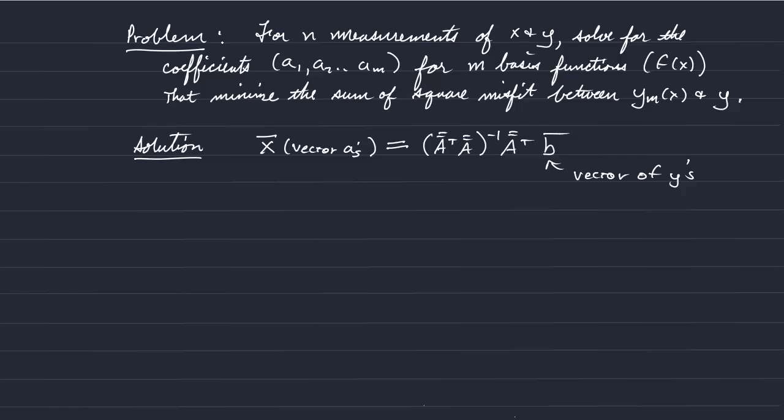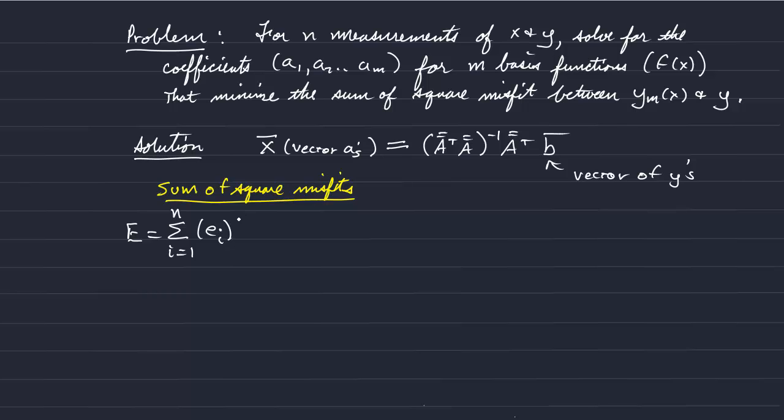To begin, let's write out an equation describing the sum of square misfits. We recall that we called that capital E, and that's the sum over all values of x of the error between our model and our measured value of y, squared.